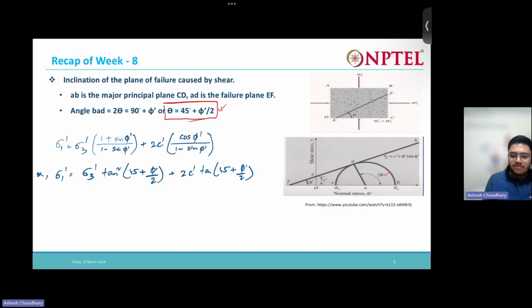Also I am not doing the derivation, but if you assume triangles and derive, we can get the relation between the principal stresses, c and phi. In terms of the effective principal stresses sigma 1, sigma 3, phi and c, we can get one relation. That relation is given here. So this is very important, please remember this relation.